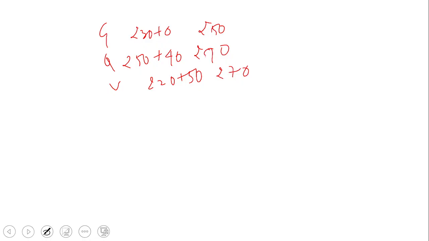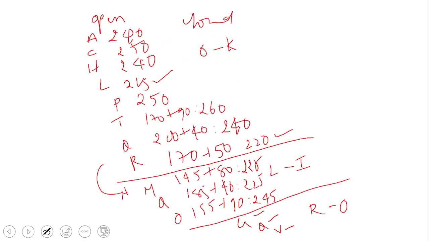Okay. So which is having the least one? You see these are the values we're having: 260, 225, and so on. Which is having the least one? Q. Okay. So M and Q both are having the same values, 225, 225.